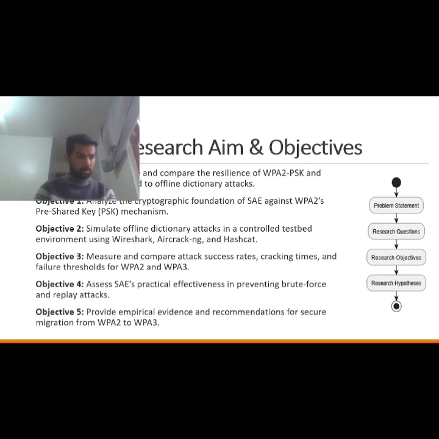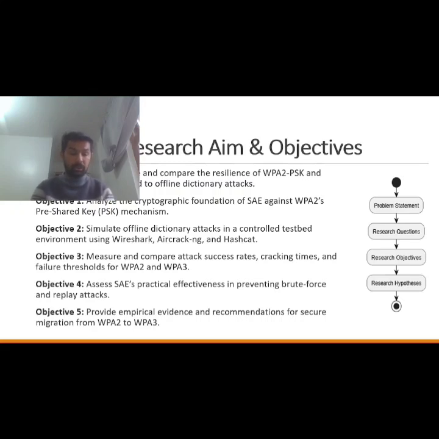To achieve this, the objectives include analyzing the cryptographic foundation, simulating dictionary attacks, and measuring resilience. The study also provides recommendations for the secure deployment of WPA3.